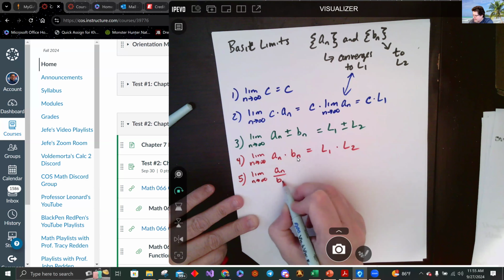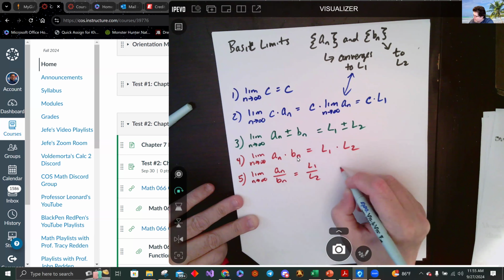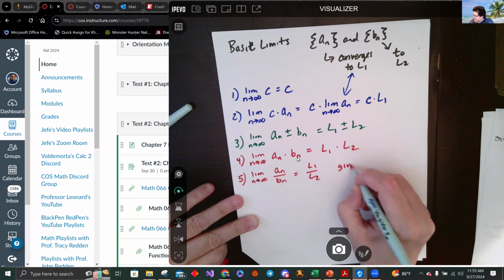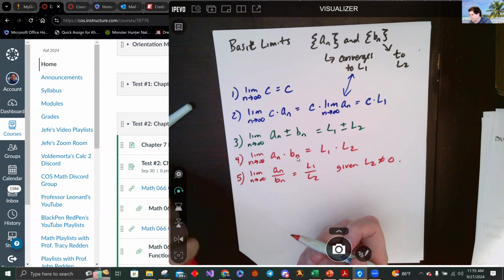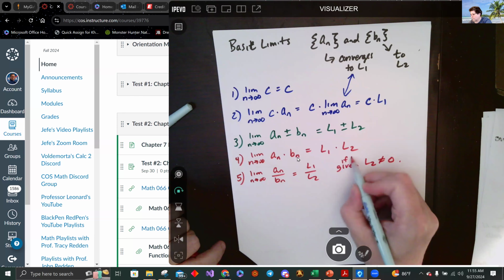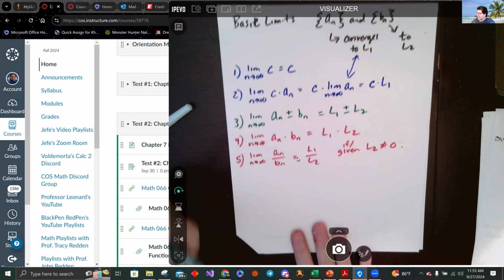So if I have a sub n over b sub n, we could do L1 over L2, given L2 does not equal 0. Basic limit stuff, they all still apply.